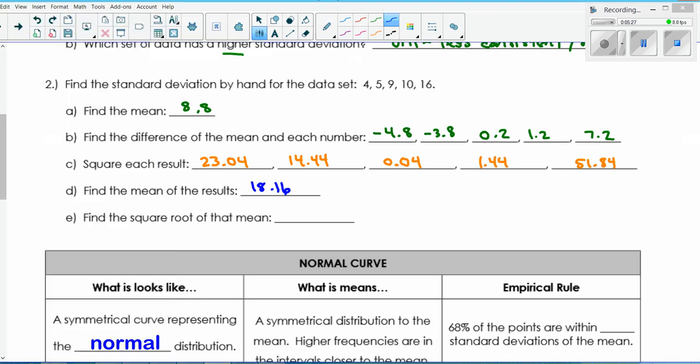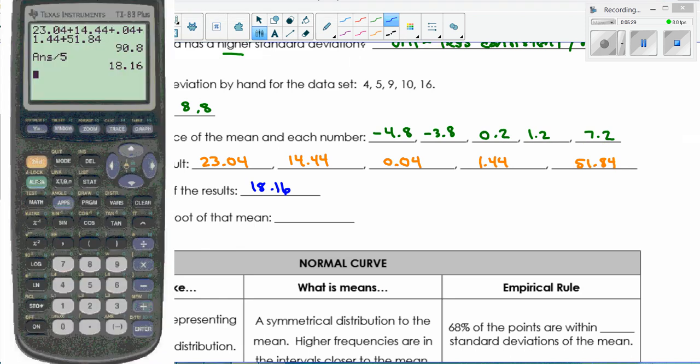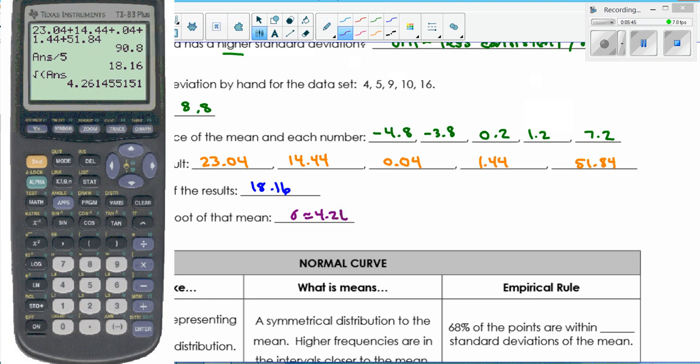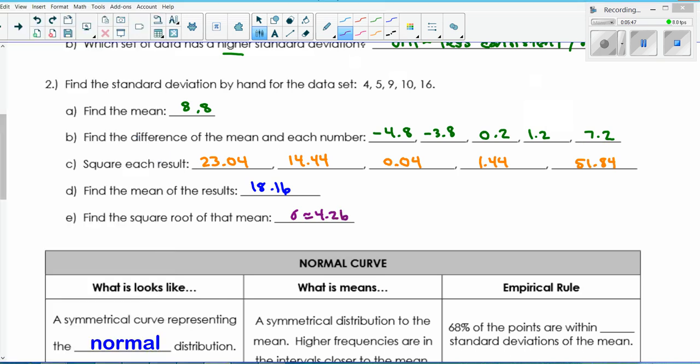And then the last part says take the square root of that mean. So if we take the square root of it, this is where we get our standard deviation from. So our standard deviation is about 4.26. Okay, so just an idea of kind of where that's coming from. Much better to have your calculator do it for you. I won't ask you to do it by hand again.